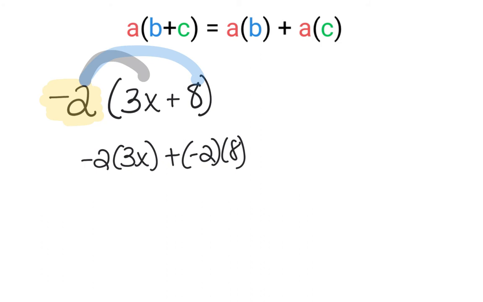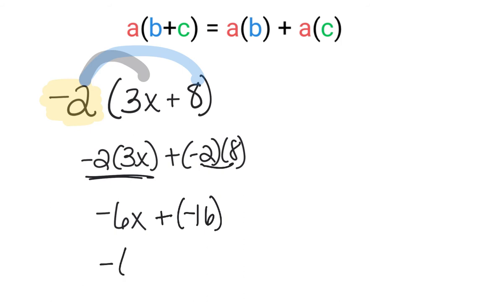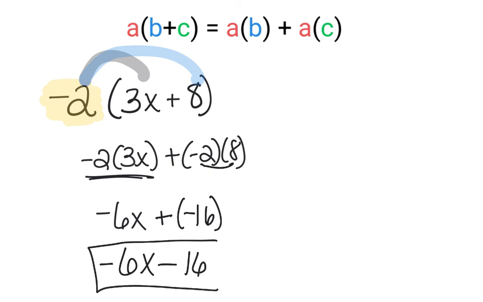And then I simplify that further. I've got -2 times 3x, and that will be a -6x, because again, we're just multiplying the coefficients, -2 times 3. And then we're adding -2 times 8, which is a -16. And if I want to simplify this a little further, I can rewrite it as -6x minus 16, because that will get rid of those parentheses for me.